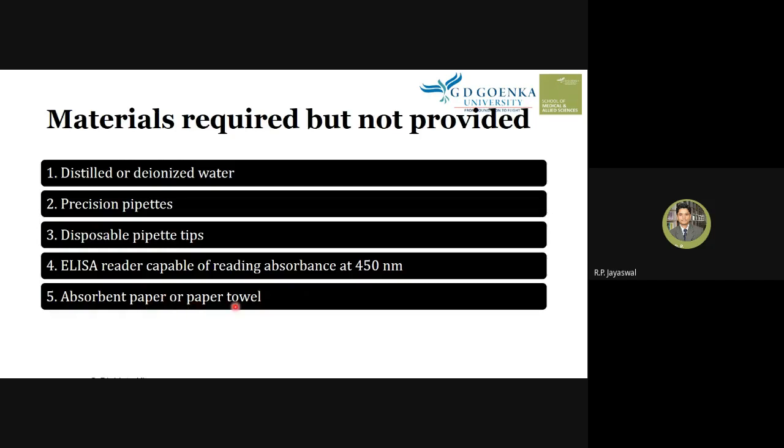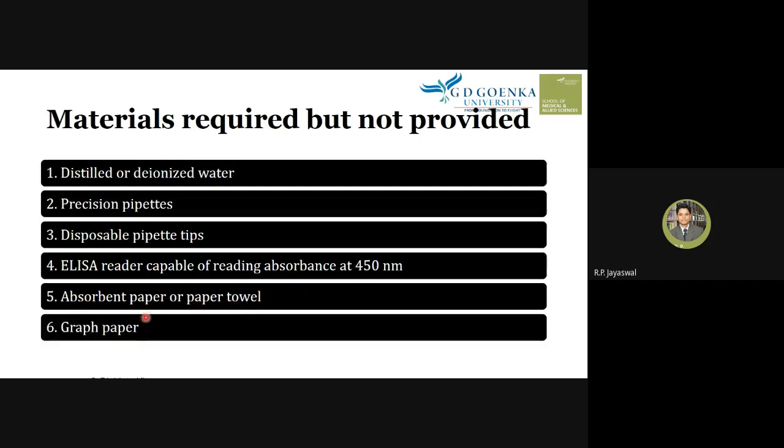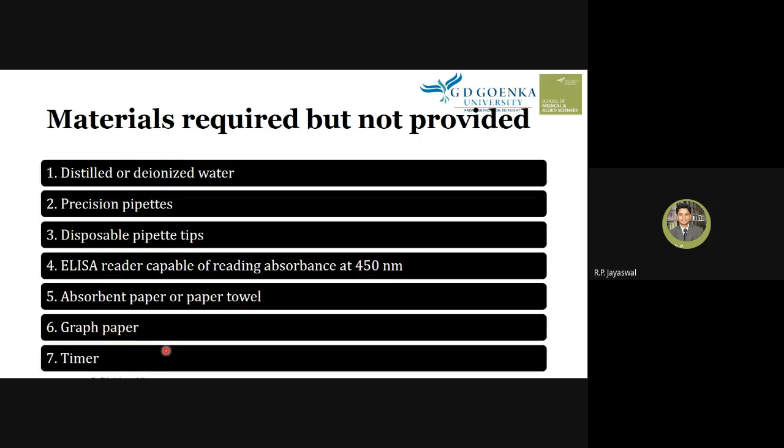Graph paper is required, where we can prepare the standard curve graph. And we require a timer, because time is very important to this particular test. We should give proper timing for incubation. There should not be any delay in any step while doing the procedure.